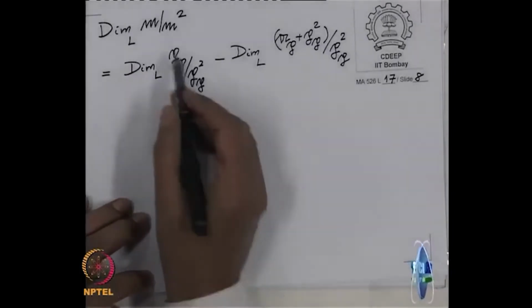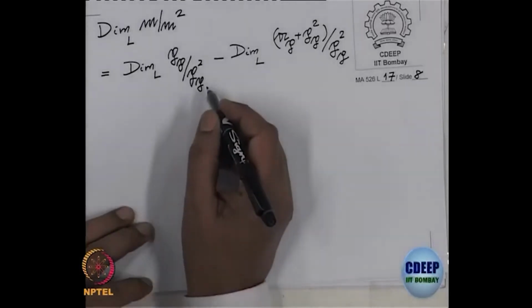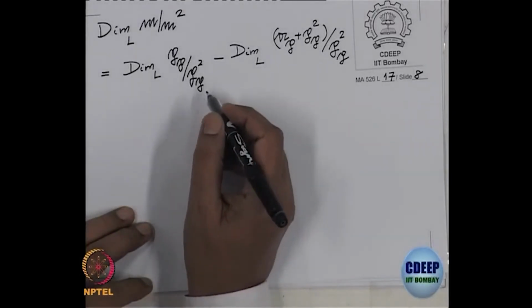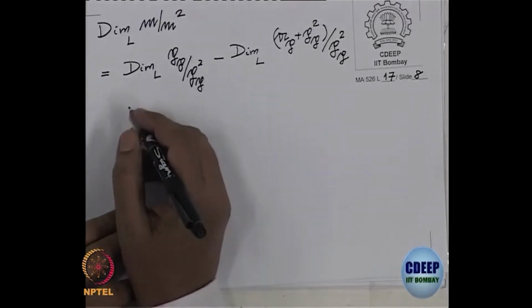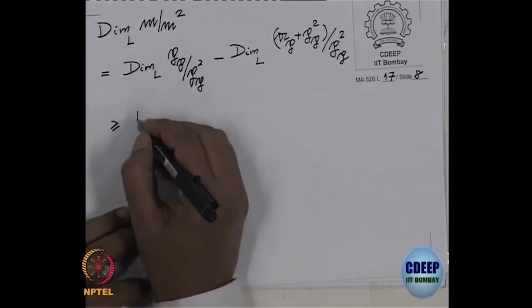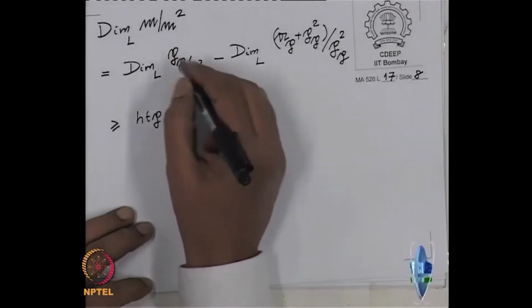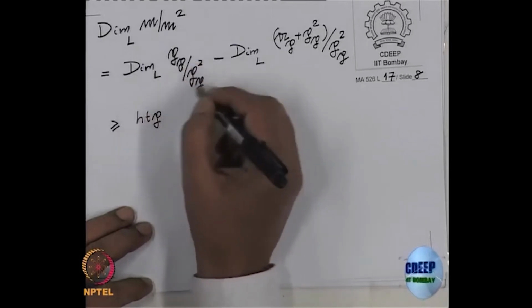Alright, but what is this? Isn't this bigger or equal to height of P? This part. You see, because where is this?